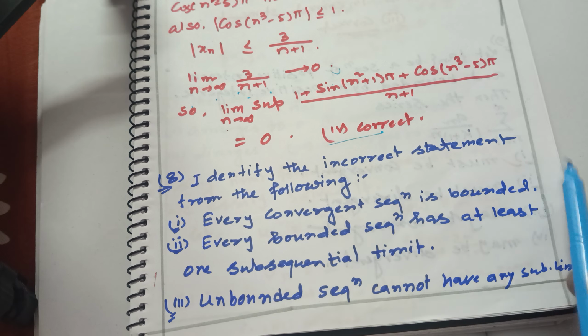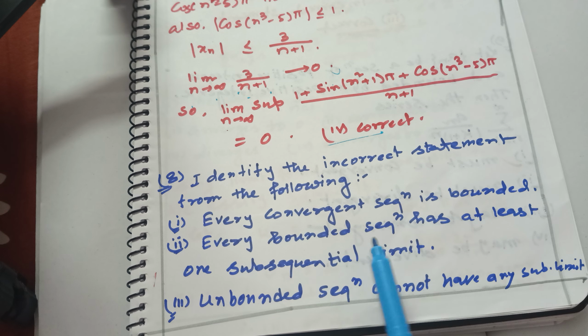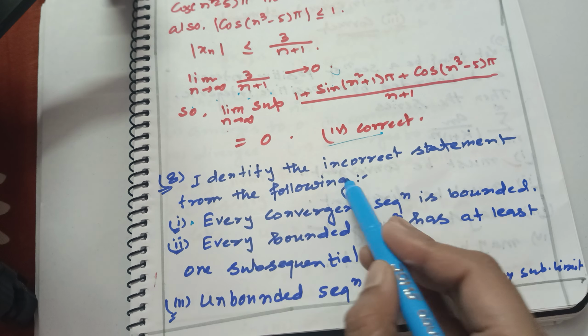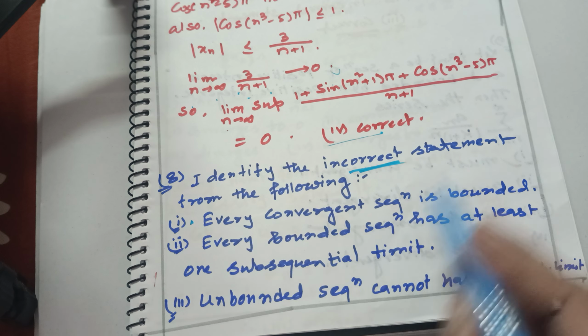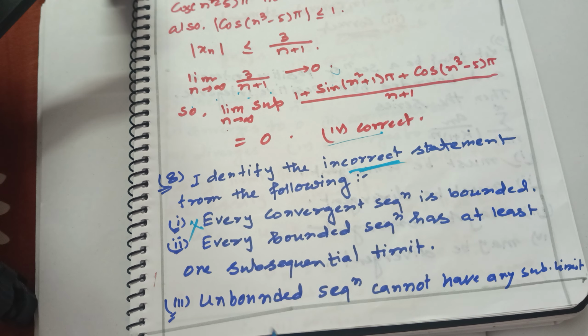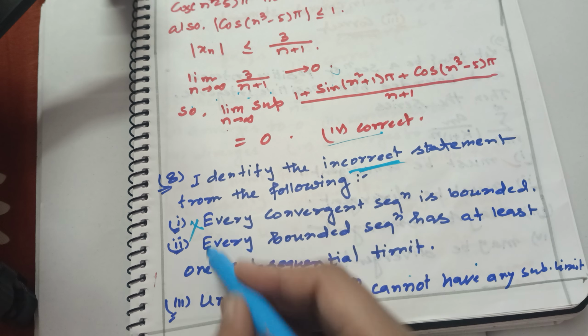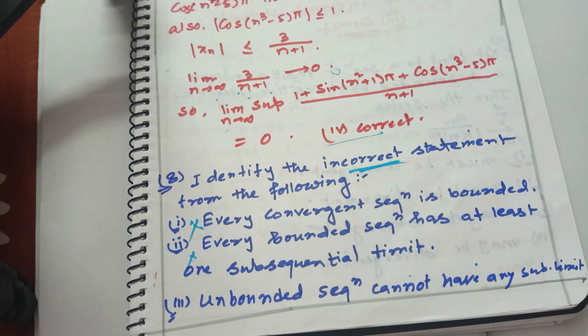Another question says: identify the incorrect statement from the following. Every convergent sequence is bounded, definitely it's true. Here we need to choose the incorrect option, so the first option is discarded. Every bounded sequence has at least one subsequential limit, that is also correct, so it is discarded.